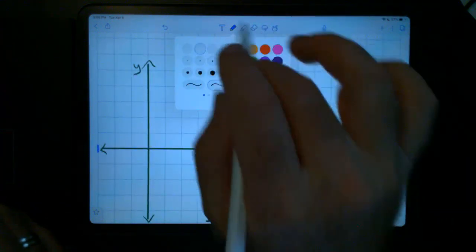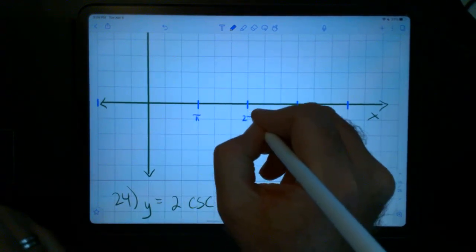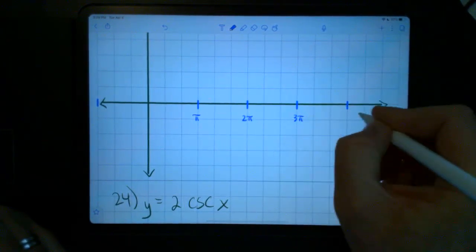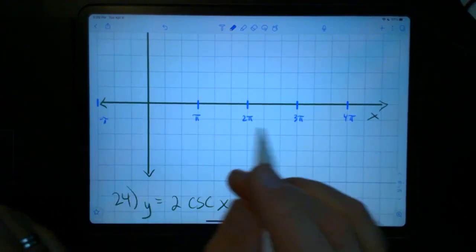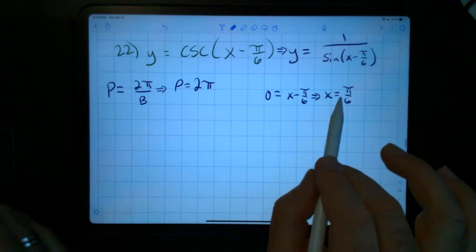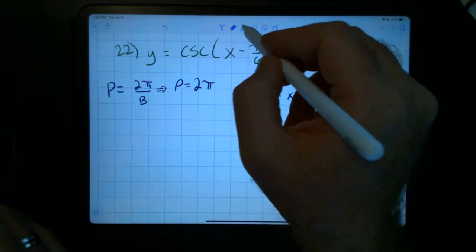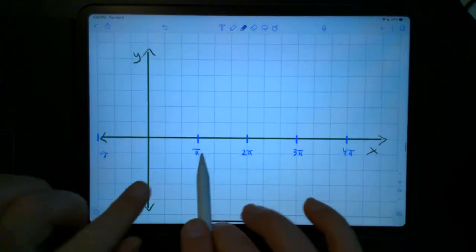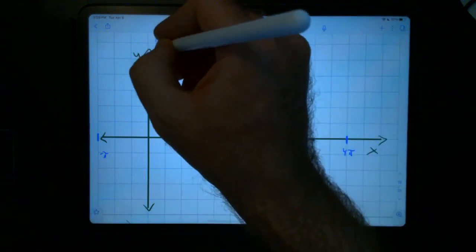So what I'm doing here, these are my pi. And when x is pi over 6, that's going to be an asymptote. So if this much is 1 pi, pi over 6 is going to be halfway in between here.